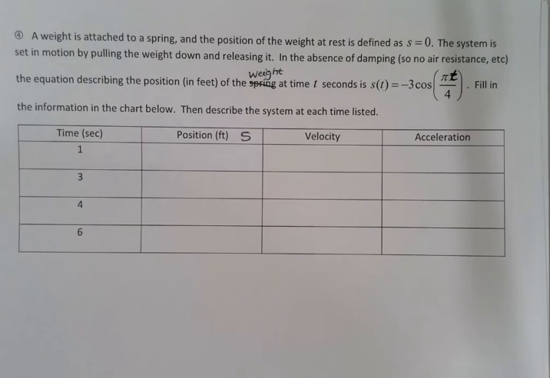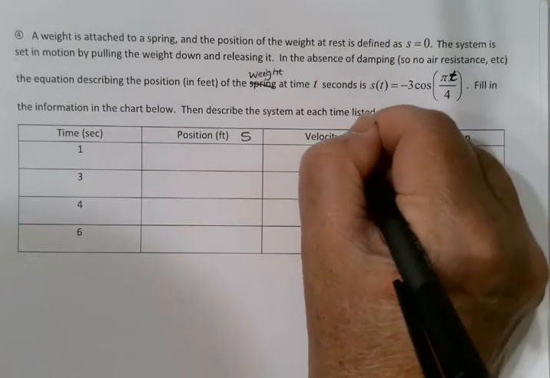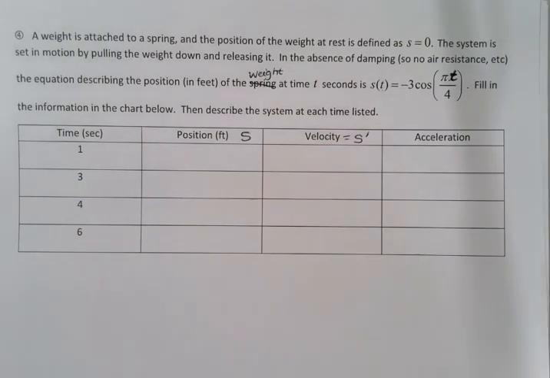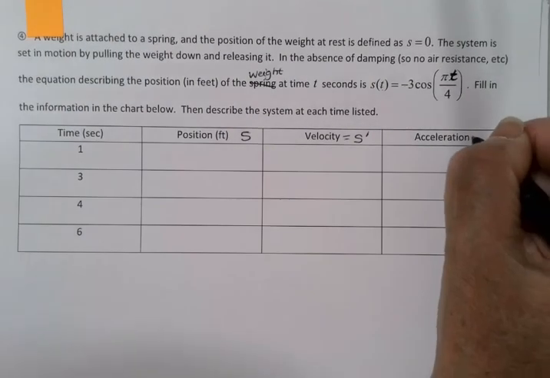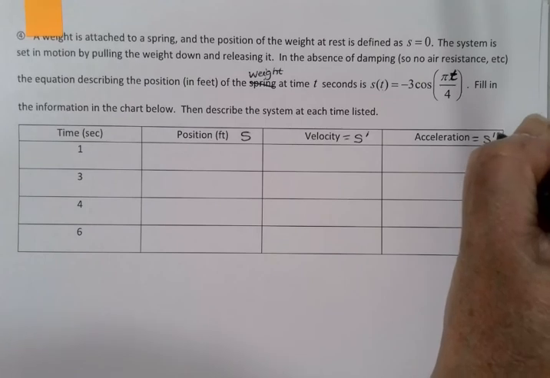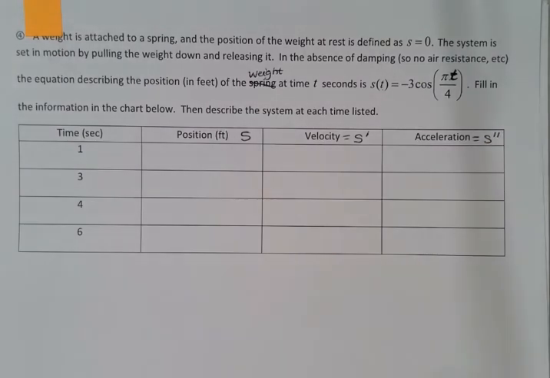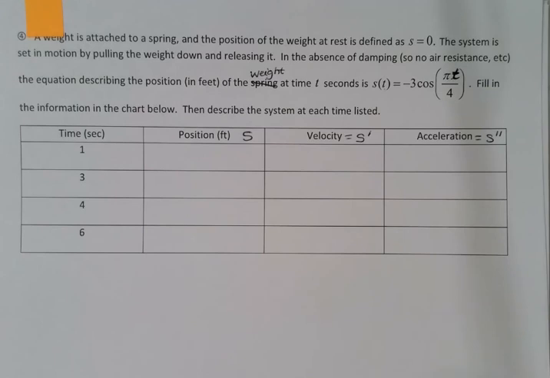The velocity, though, is going to be the derivative, s prime, and the acceleration will be the second derivative, s double prime. So let's go ahead and find those derivatives, and then maybe we'll cleverly use some good information in our table to fill this chart in really quickly.